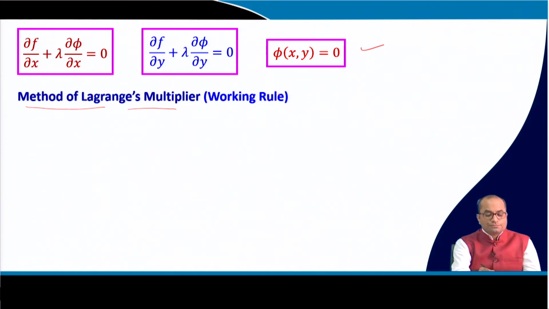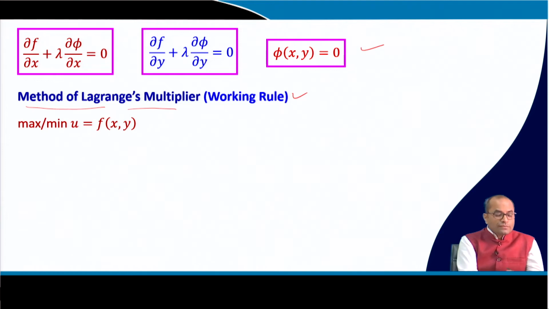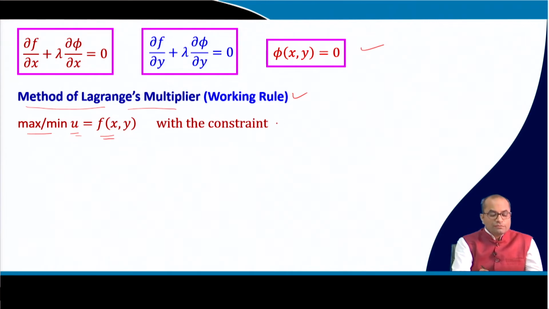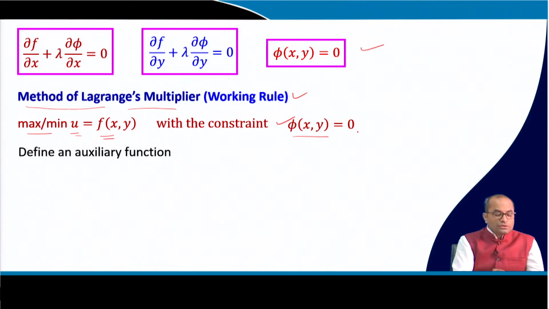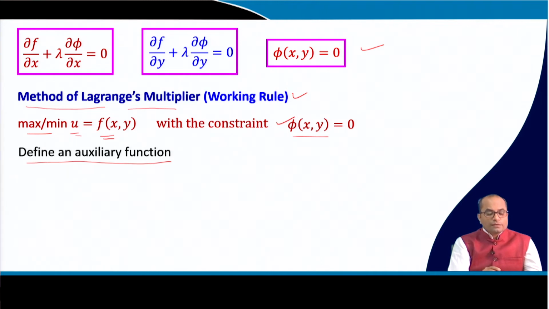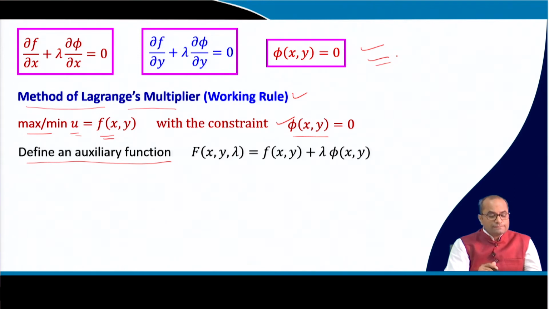So, how do we remember these three equations? What are the working rules? The problem was that we want to maximize or minimize u is equal to f of x, y with the constraint phi of x, y is equal to 0. So, we define an auxiliary function, with the help of which it will be easy to define all three equations which we need.